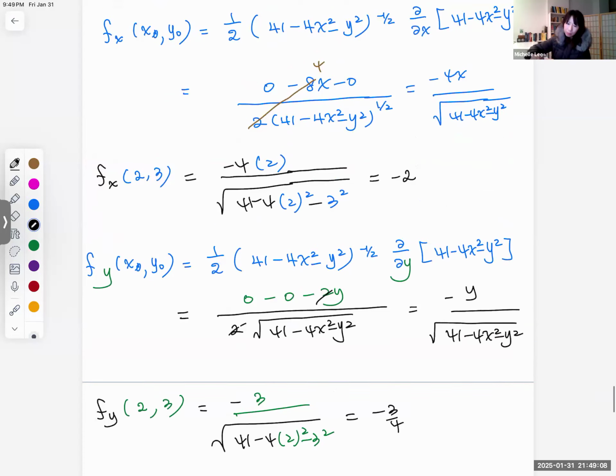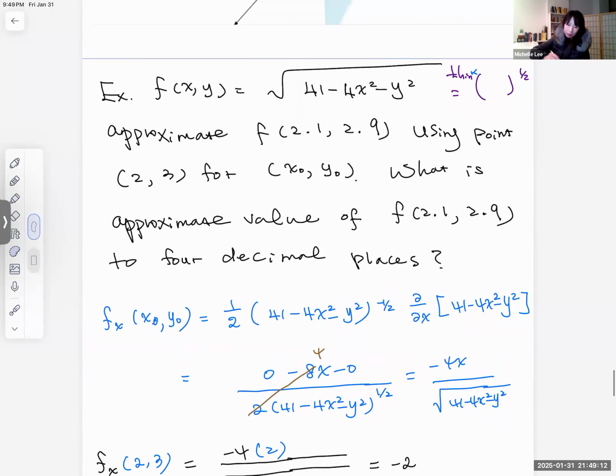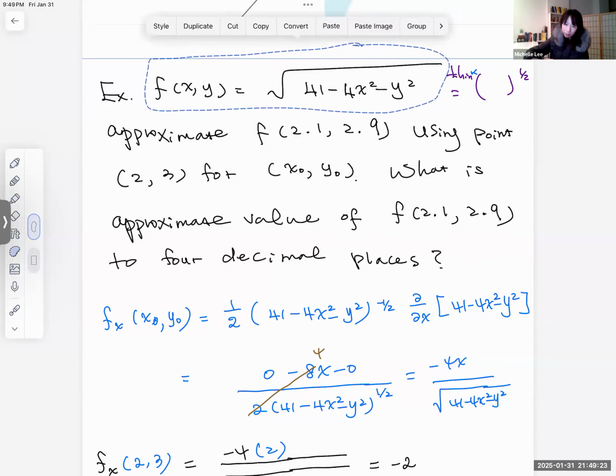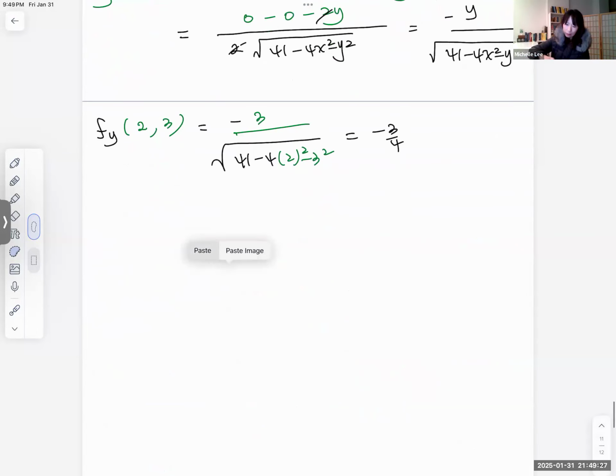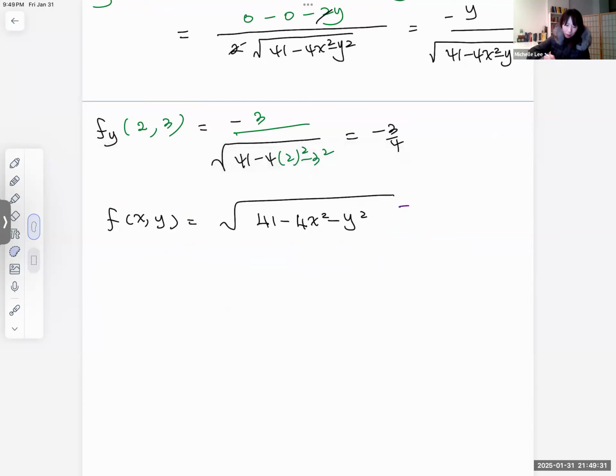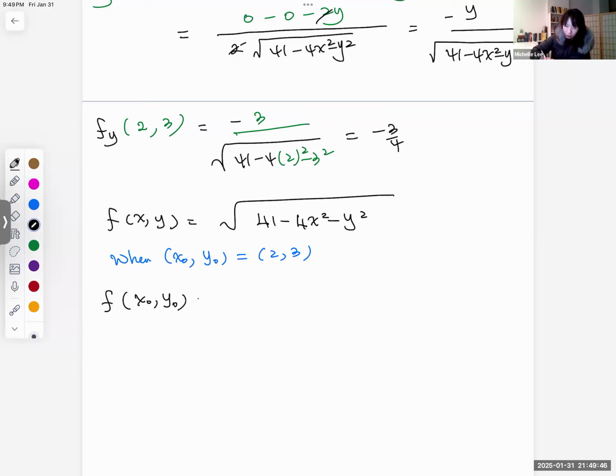So f of x naught, y naught equals f of 2, 3 equals the square root of 41 minus 4 times 2 squared minus 3 squared.